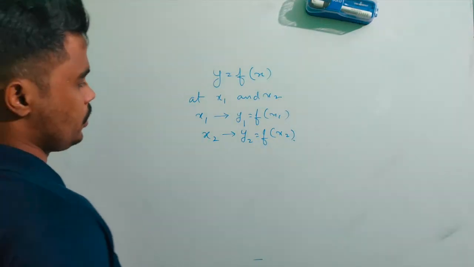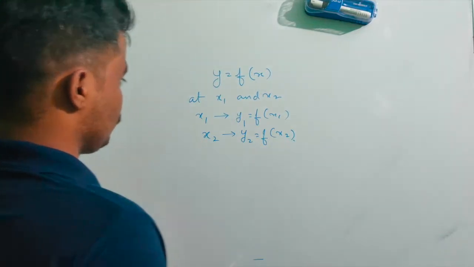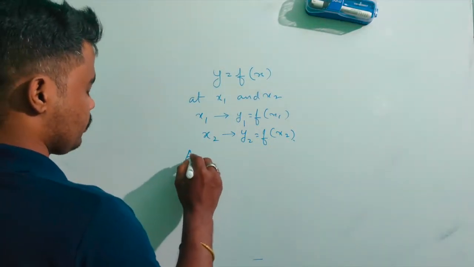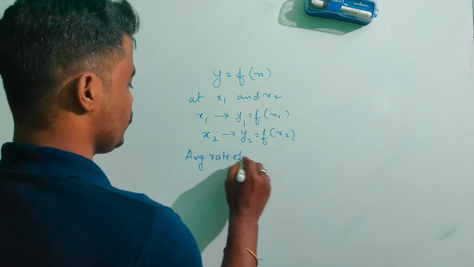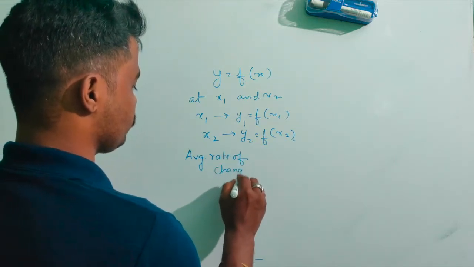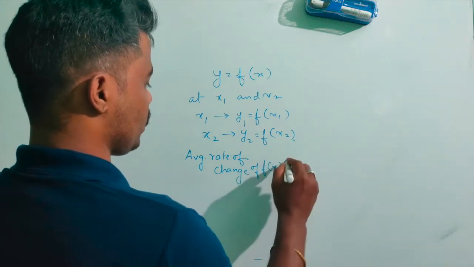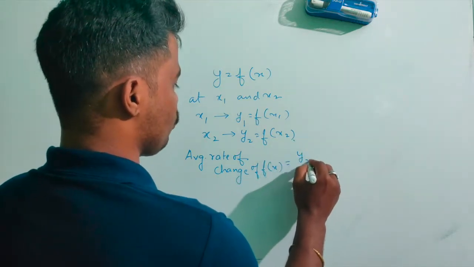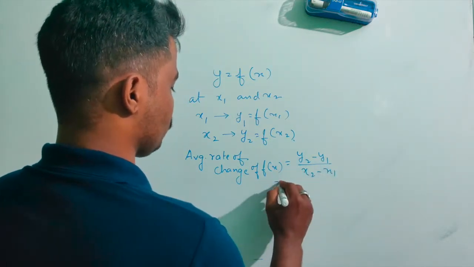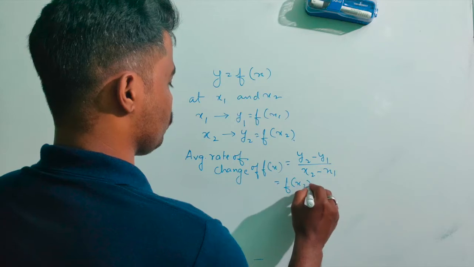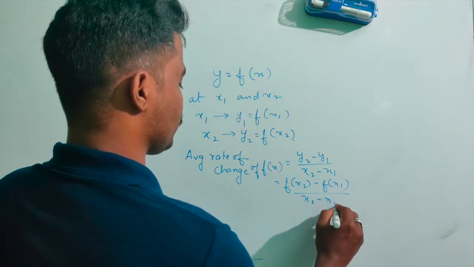Now what is the average rate of change of function f of x with respect to x? We can write average rate of change of function f of x as (y2 minus y1) by (x2 minus x1), that is (f of x2 minus f of x1) by (x2 minus x1).